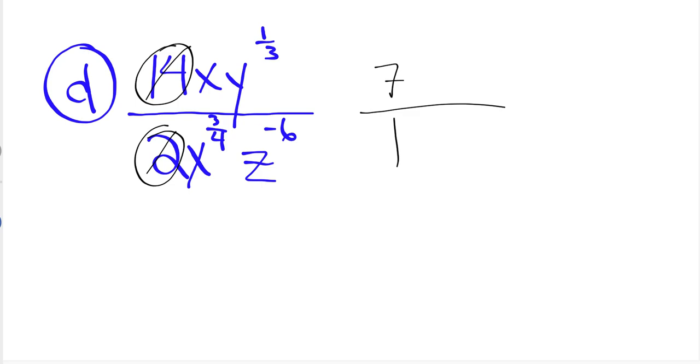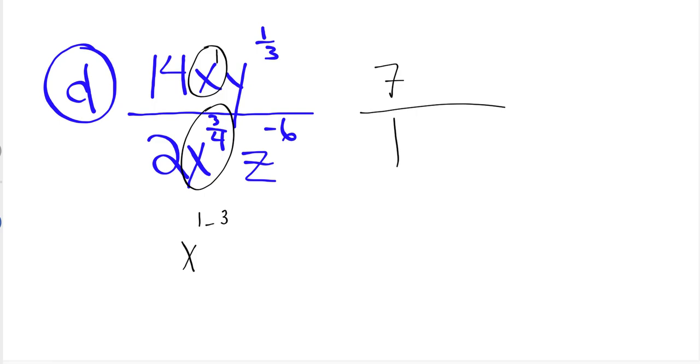And now with the x's, we do it the same way. We're moving the variables to where the larger power is. The power up top is a 1, so we're going to take 1 minus 3/4 from it. So it'd be x to the first minus 3/4, and that'll be on the numerator up top. That's just going to be x to the 1/4 after we simplify.